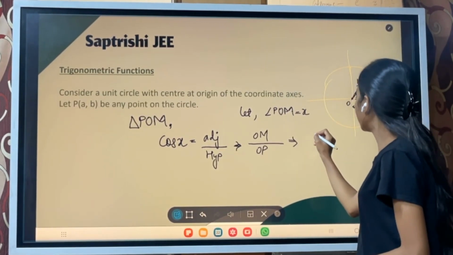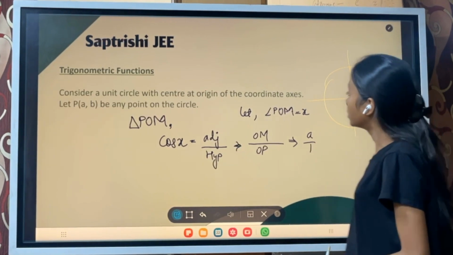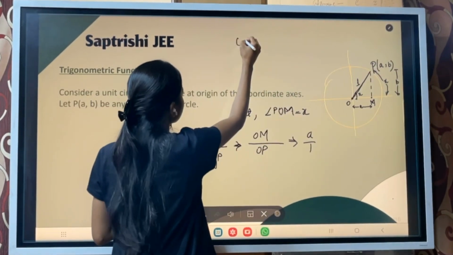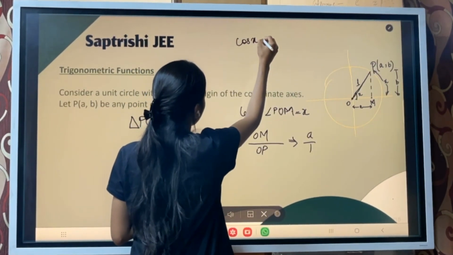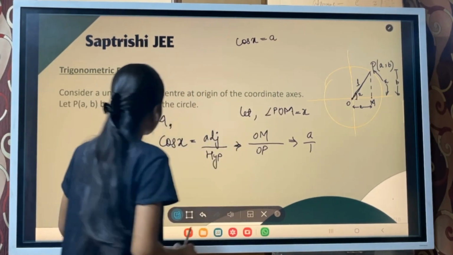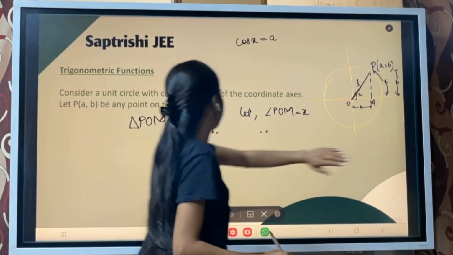So it will be A by 1. So cos x is equals to A. Let's note it aside.